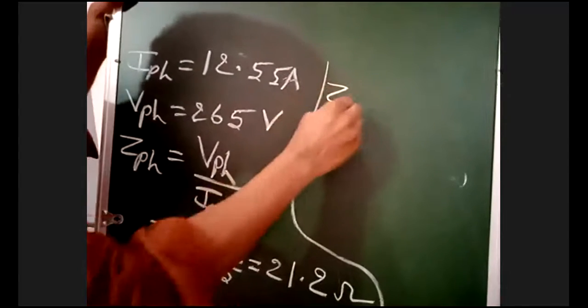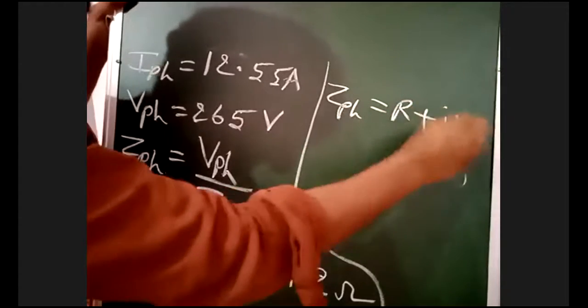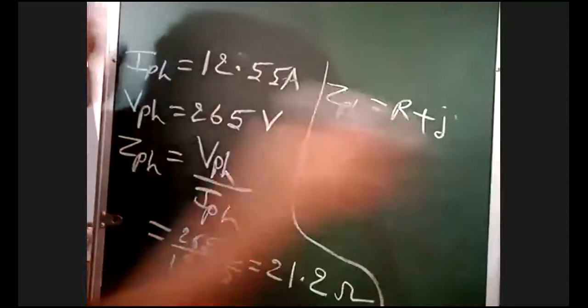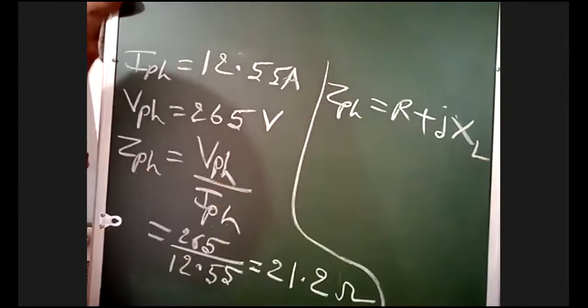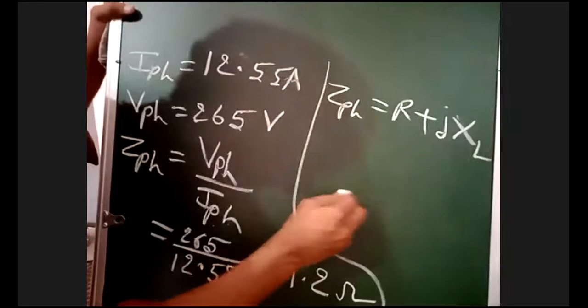Now Z phase is equal to R plus jXL. We have to determine R and XL. R is taken on the x-axis.